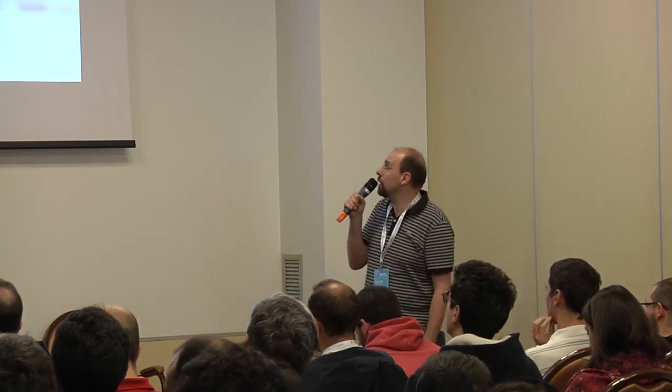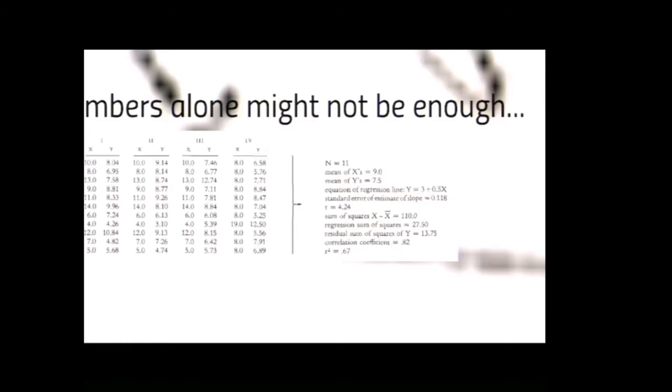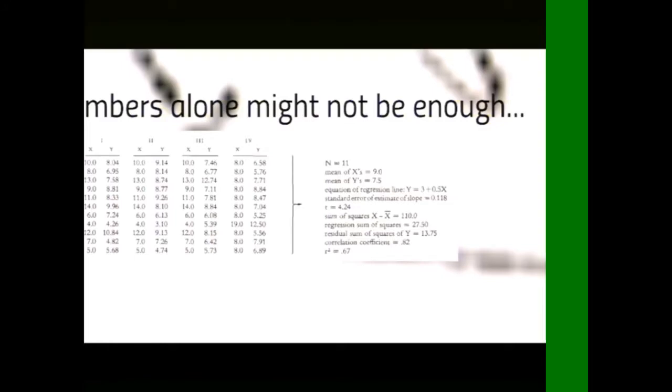Okay, first of all, why do we need graphics for visualizing data? Numbers probably may be enough. Why not? Take a look at this example. We have 4 sets of 11 points in the plane with x and y coordinates. So in the first column we have 11 points, then another 11 points and so on.